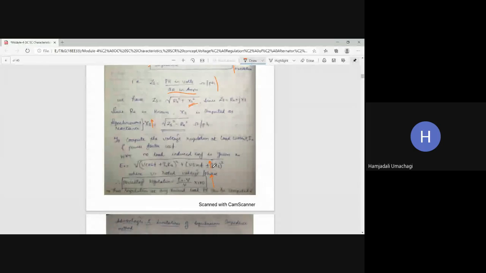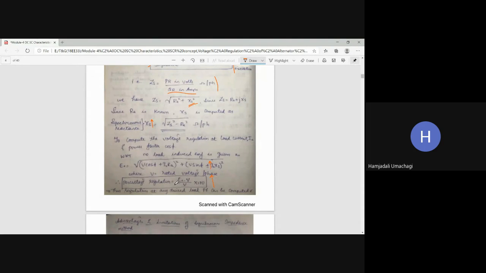Sometimes low, sometimes high, depending on the type of the load. So this will disturb XS. Since we are getting a very high value in the EMF method, it disturbs IA into XS, which further disturbs E0. So altogether, the regulation value you calculate with the help of this XS is directly disturbed, and this gives us a very high regulation value. So this high XS value will give us a high regulation value.